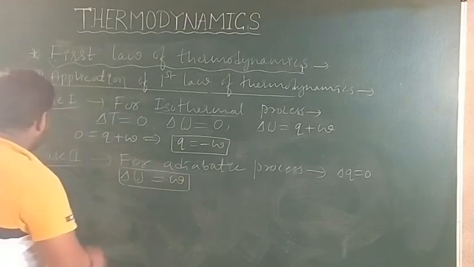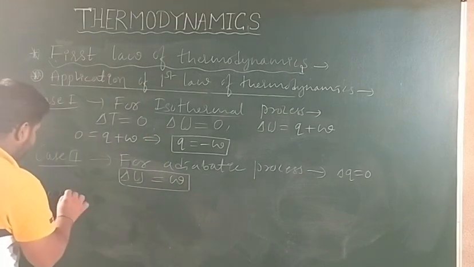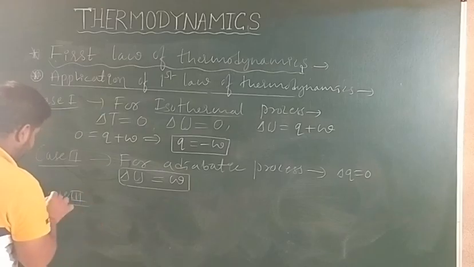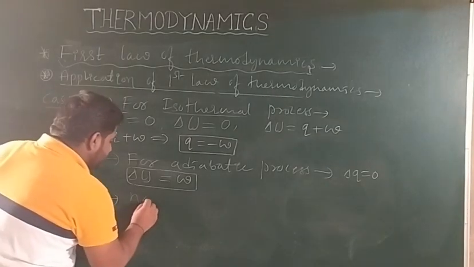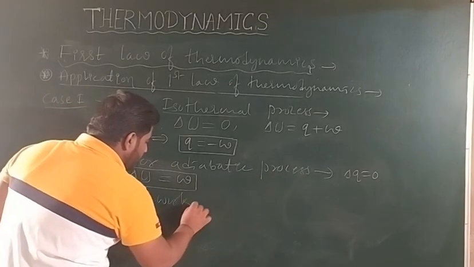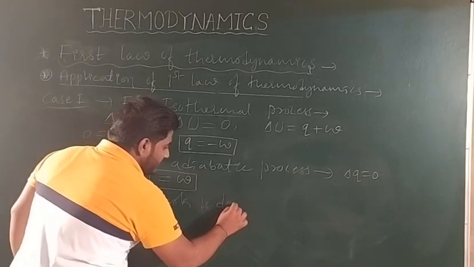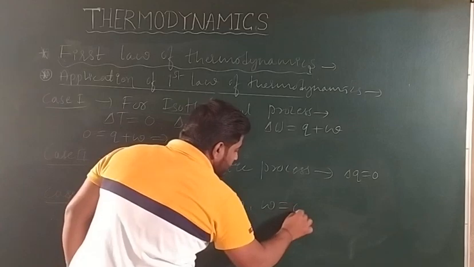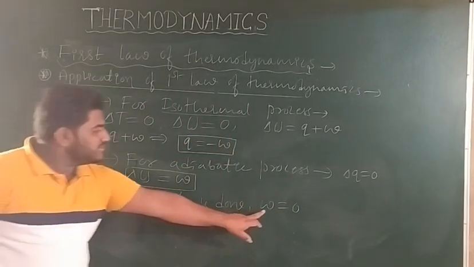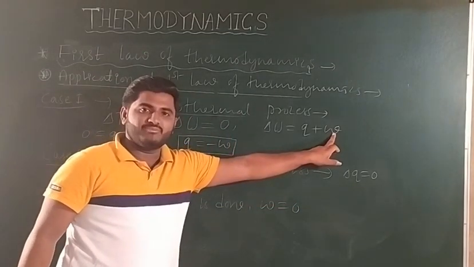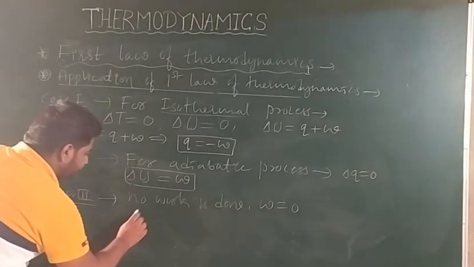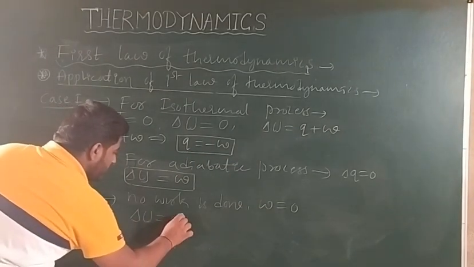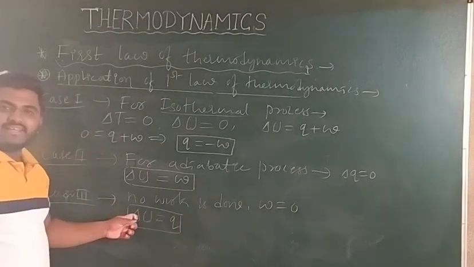Understood? Third one, case 3. Here, no work is done. That means W is 0. Put W equal to 0 in the first law of thermodynamics. What are you getting? Del U is equal to Q. What it indicates?